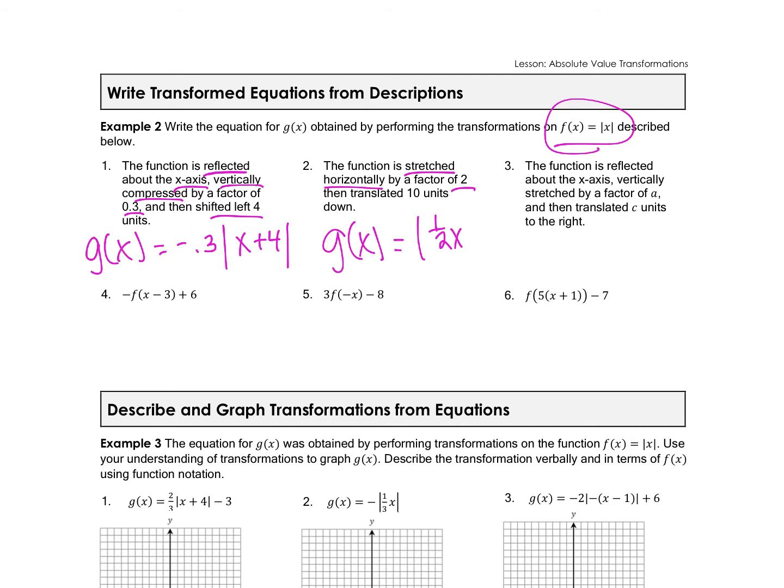So 1/2 times x. And then there is no horizontal shift, so we'll close it, going down 10, so minus 10. So remember, if it's horizontally, it's changing the x on the inside, so it's always the opposite. So that would be 1/2 there.